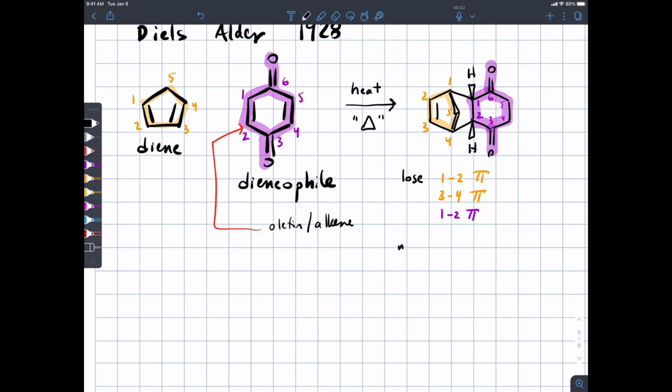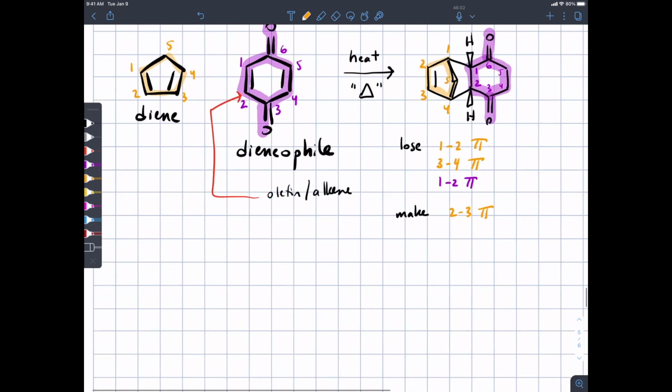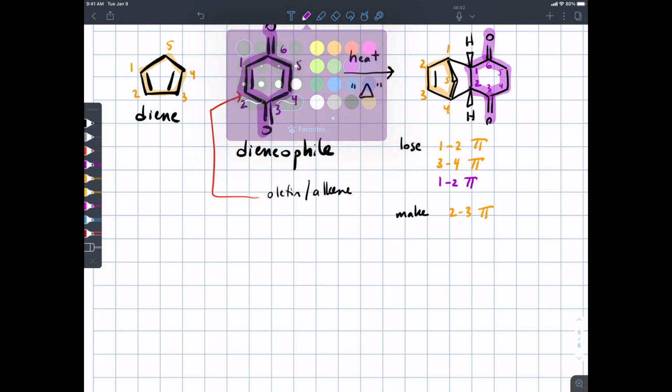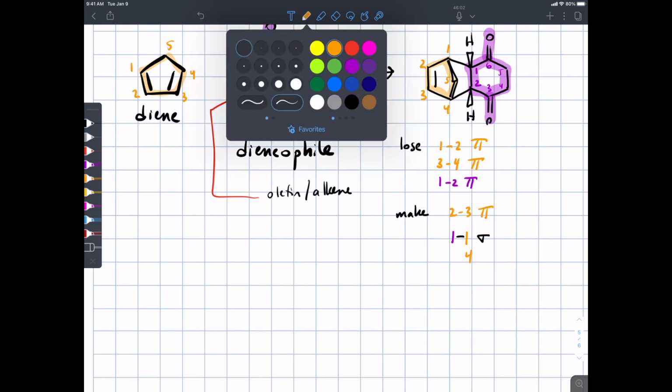But we make a new pi bond between orange 2 and 3. And then crucially, we make new sigma bonds between orange 1 and purple 1. And of course, sigma bonds are more stable than pi bonds. And then we make a new sigma bond between orange 4 and purple 2.